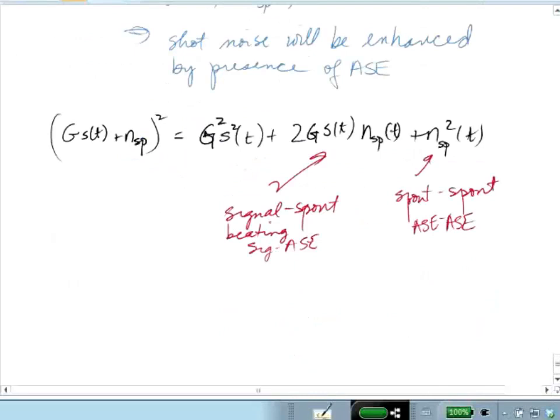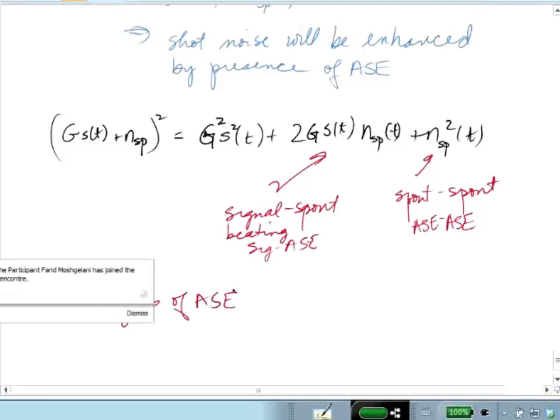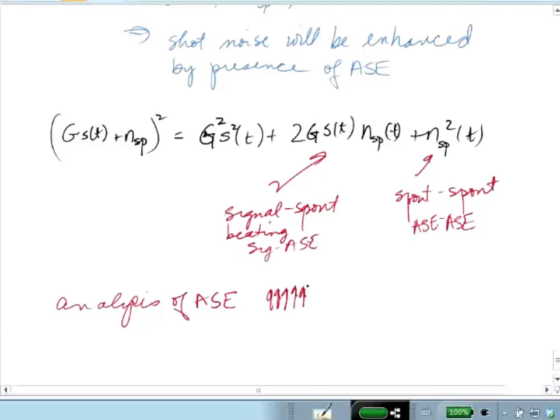So in the Olsson paper, in Appendix A, there's an analysis where we assume that the ASE noise is a collection of narrowband signals. Although ASE is a very, very wideband noise, we assume it's a collection of a bunch of narrowband signals, each of which has a random phase and constant amplitude.